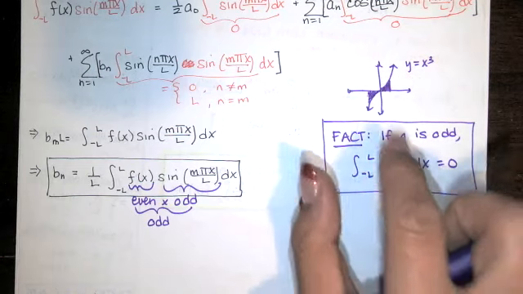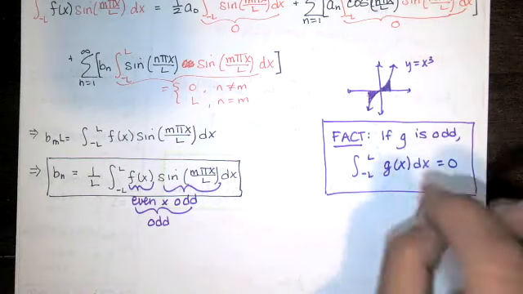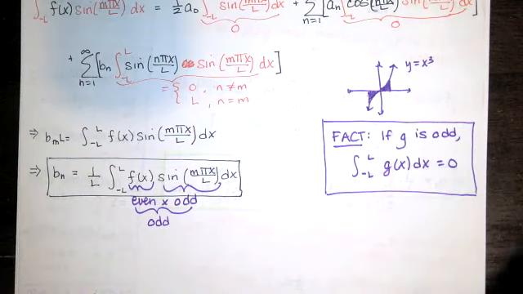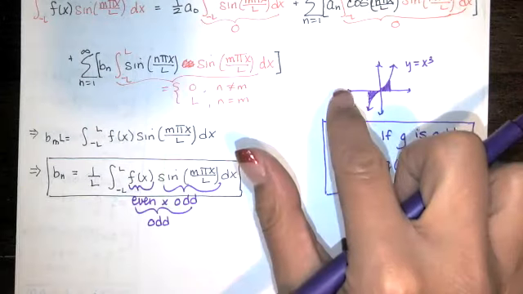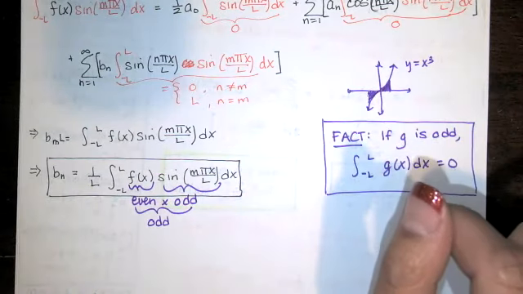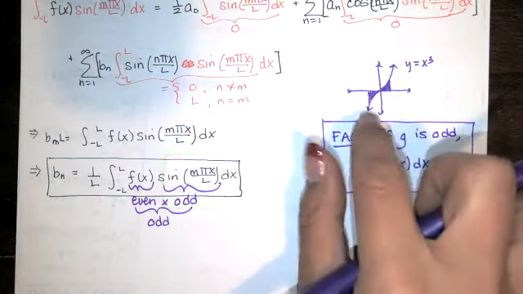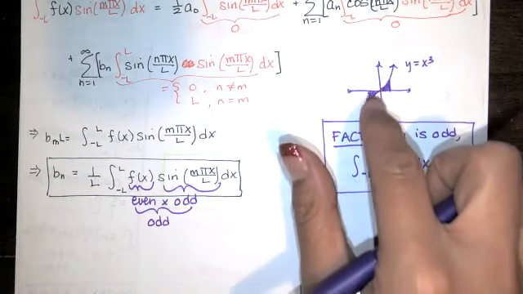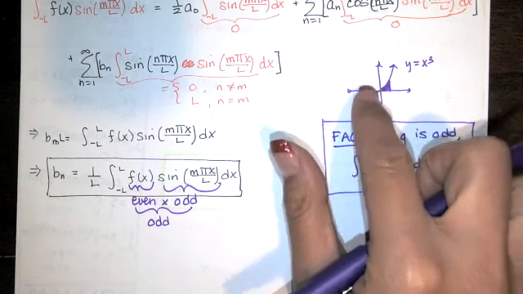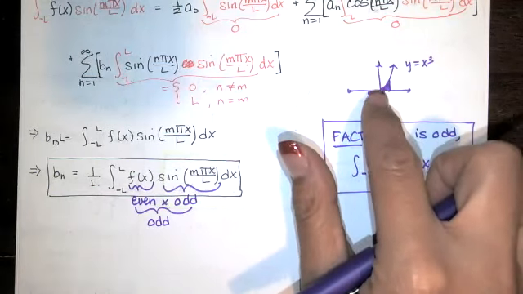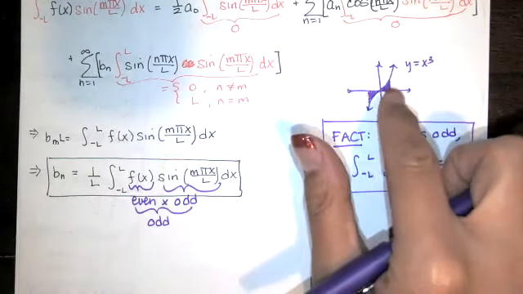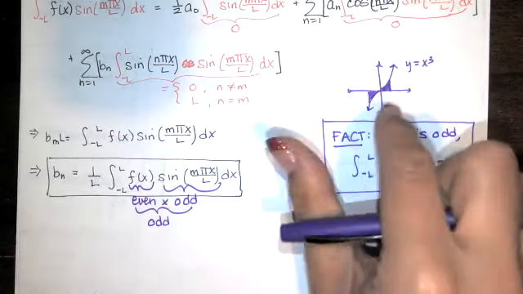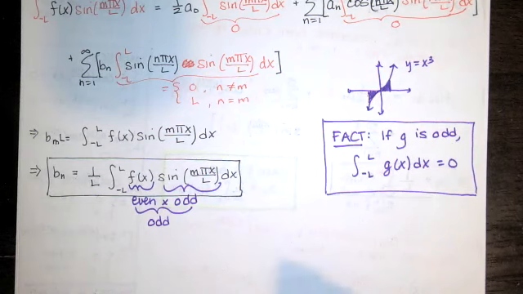So the integral from 0 to L of g of x is going to be the opposite of the integral from negative L to 0. If this area was, say, 2, that area would be 2 as well, but counted as negative. The integral from negative L to 0 would be negative 2, and the integral from 0 to L would be 2. And so we'd have the 2 plus the negative 2 gives us 0. Or this area and that area match, so this area minus that area is 0.